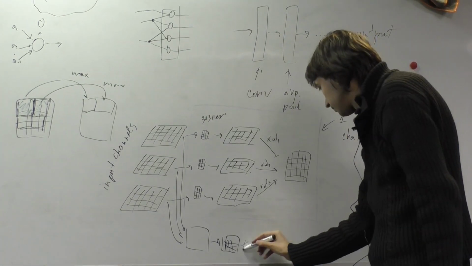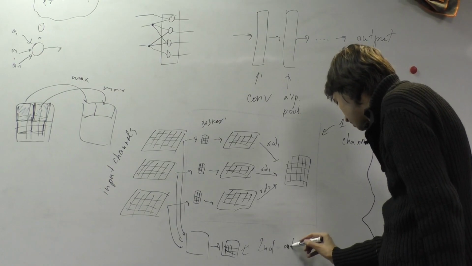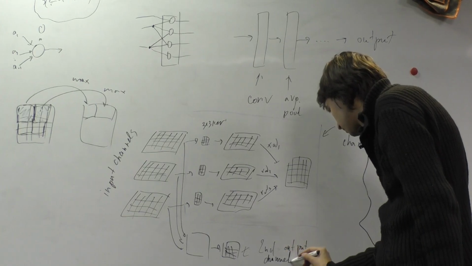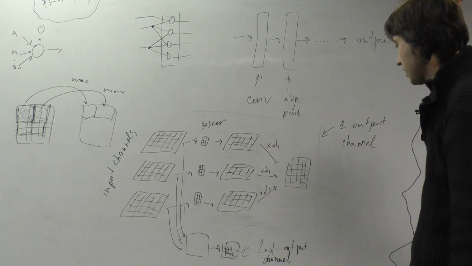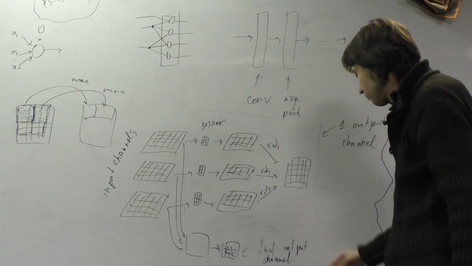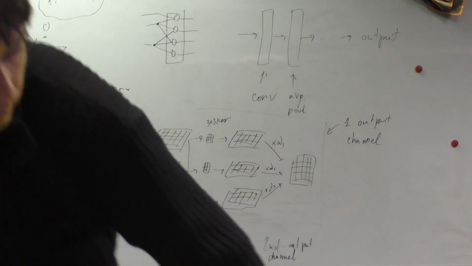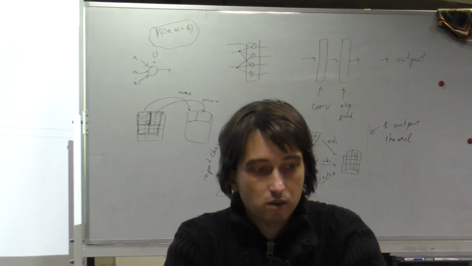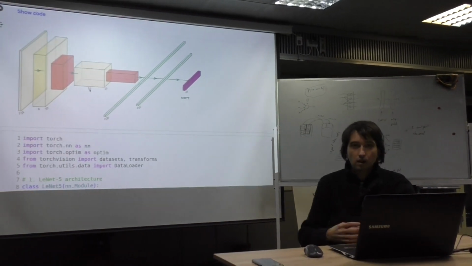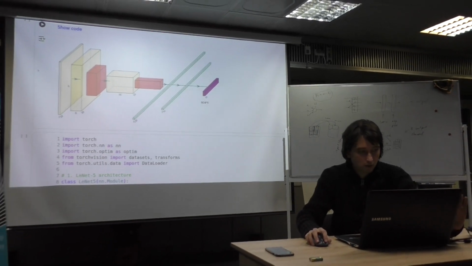This will be the second output channel, and so on. You can make as many as you wish. You can make 10, 20, 100 channels, whatever. So that's basically what you see here. These numbers define the number of channels that we have here, and thus we use convolutions with different numbers of input and output channels.